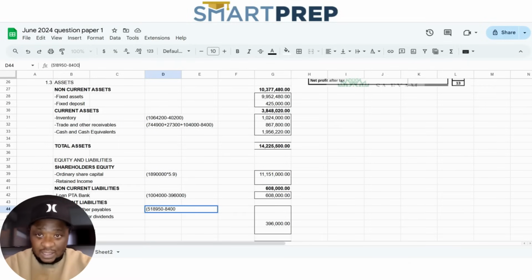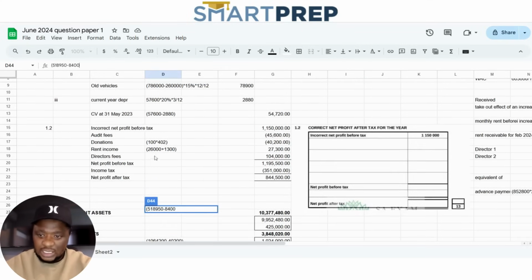And then after that, we need to look for income received in advance. I don't think we have an income received in advance because we just look at our income statement that we're correcting here. We actually had accrued income instead of income received in advance. But for the audit fees, remember that the audit fees were still owing at the end of the financial year. And so those audit fees will constitute an accrued expense.